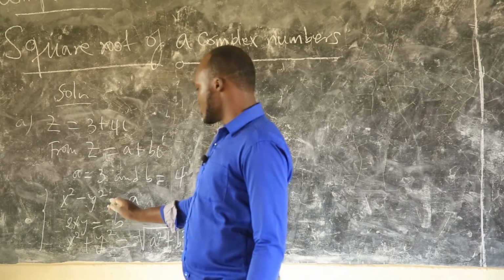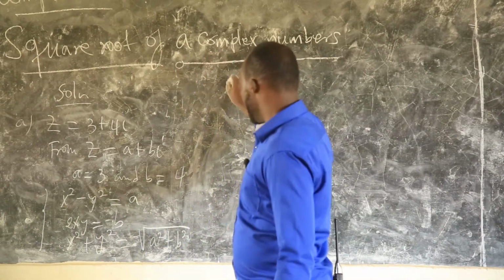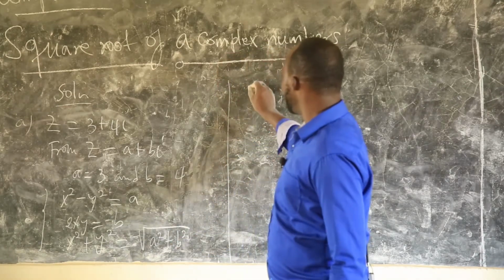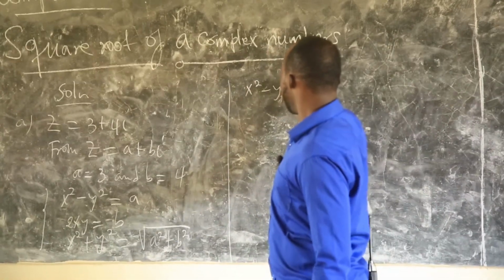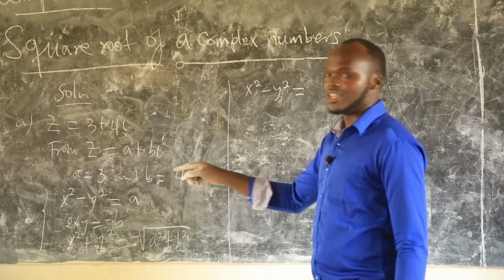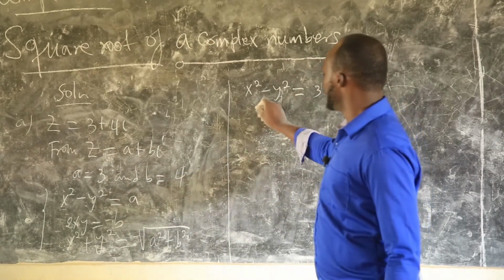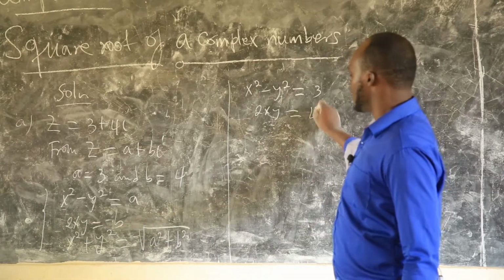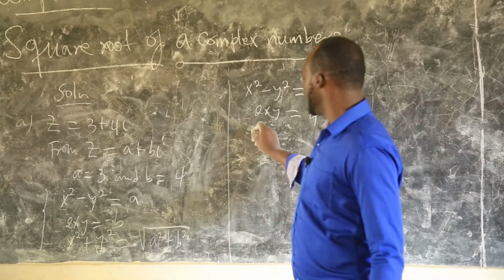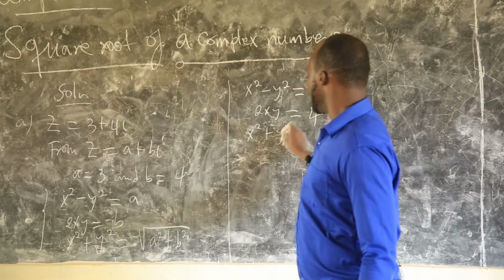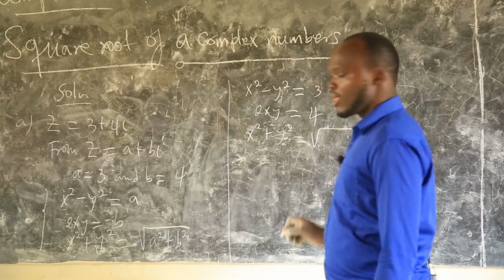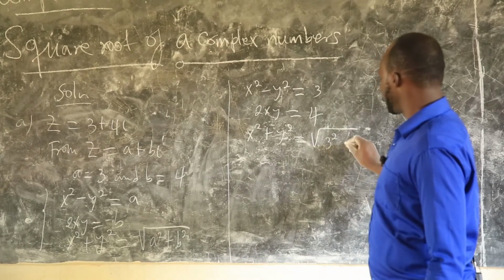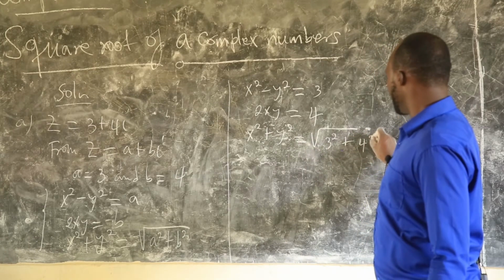We have the value of a and the value of b. So x squared minus y squared equal to a, our a is 3. 2xy equal to b, our b equal to 4. Then x squared plus y squared equal to square root of a squared, our a is 3 squared plus b squared, which is 4 squared.